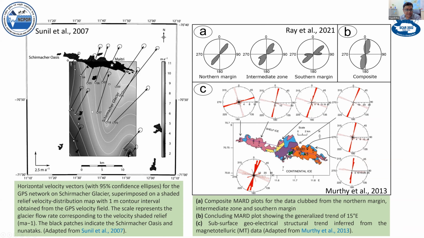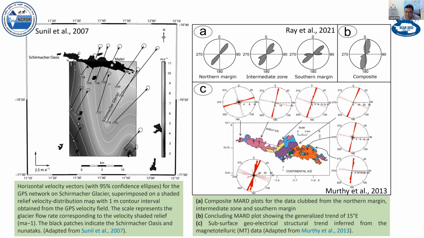Again, if you see this data set, which is basically GPS network data, earlier work by Sunil et al. in 2007 ascertained the present rate of movement and direction of the continental ice sheet using the Global Positioning System, which is GPS.